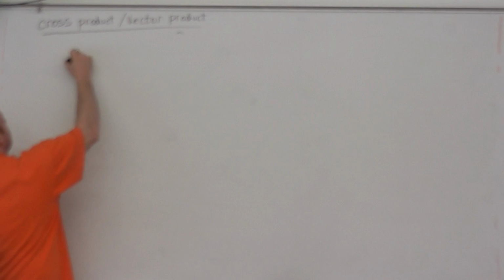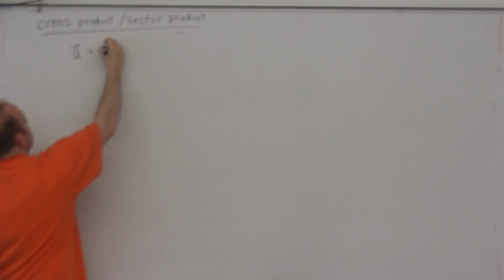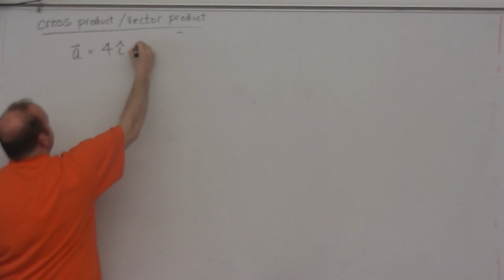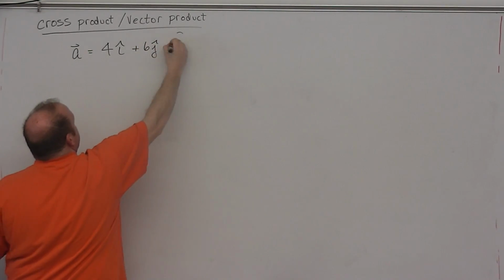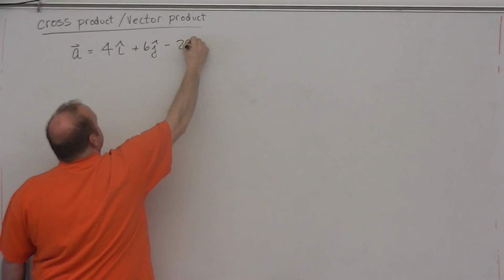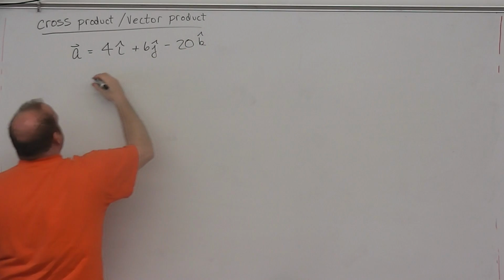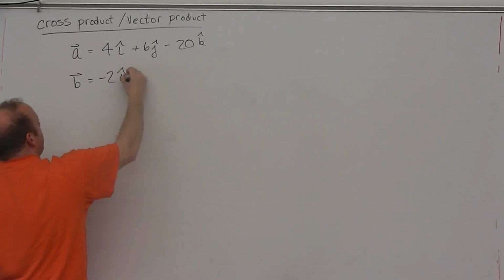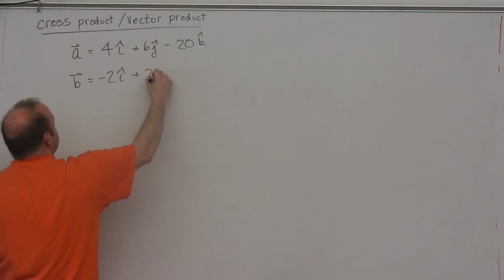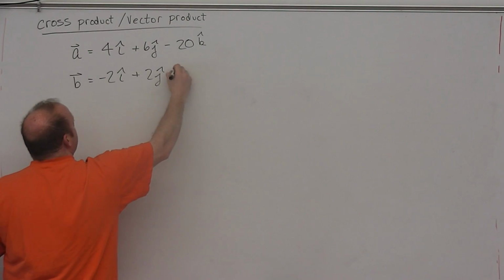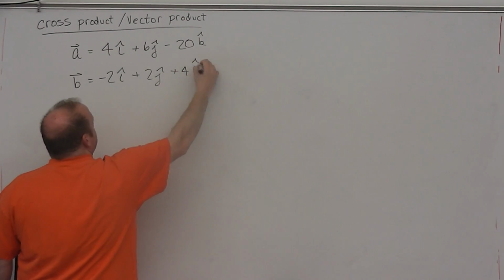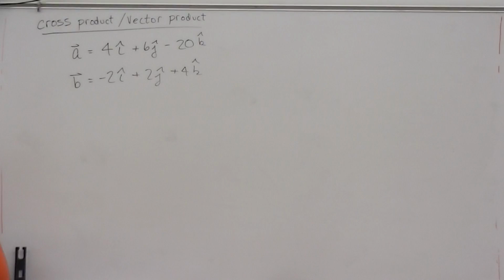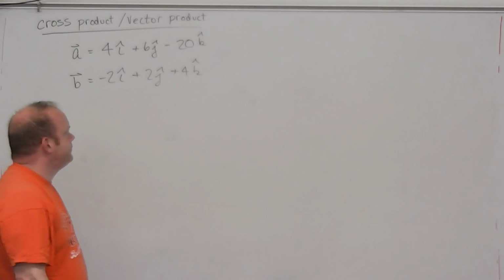Okay, so now I'm just going to say A is equal to 4 I hat plus 6 j hat minus 20 k hat. I'm going to say that B is equal to negative 2 I hat plus 2 j hat plus 4 k hat. Now, a bunch of things that we're going to do.